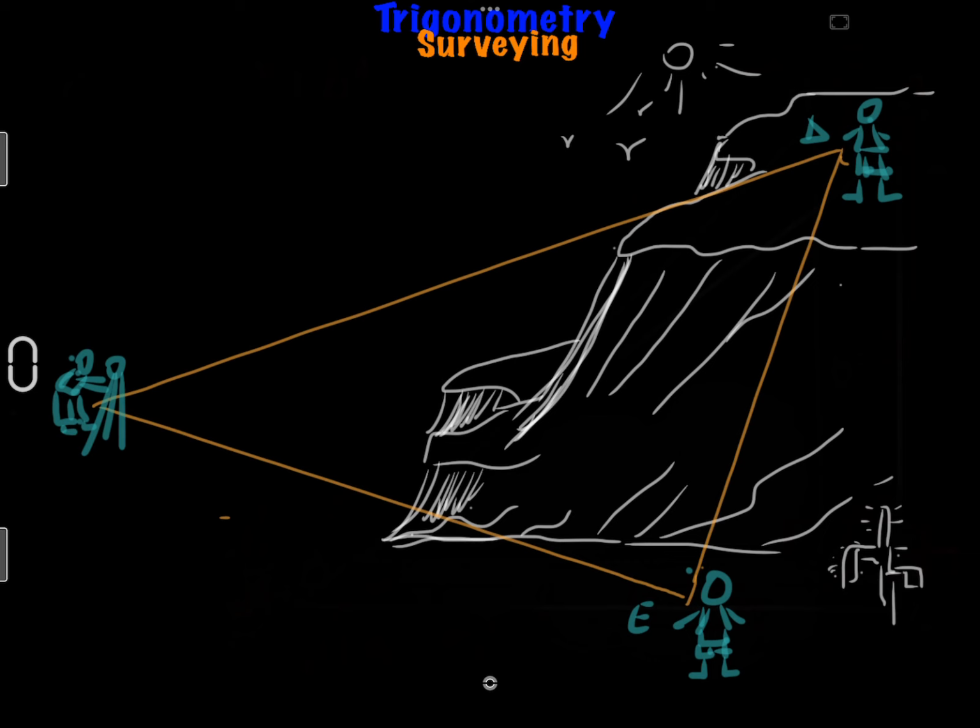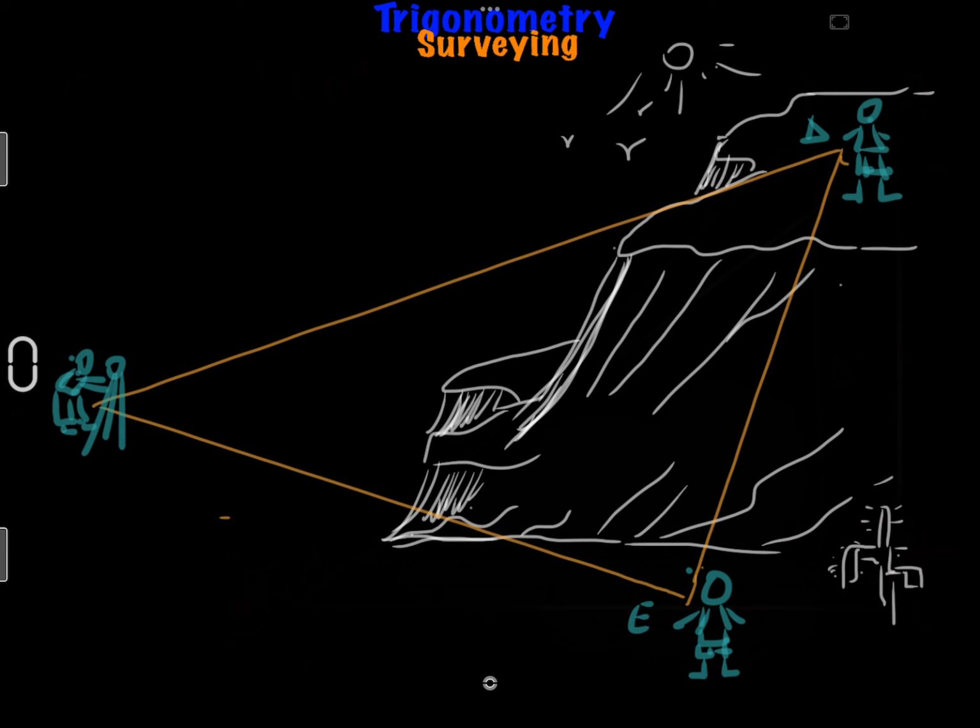Now, what happens here is we need to be able to identify the different scenarios that are given here. In the diagram, side DE represents the distance across the valley.